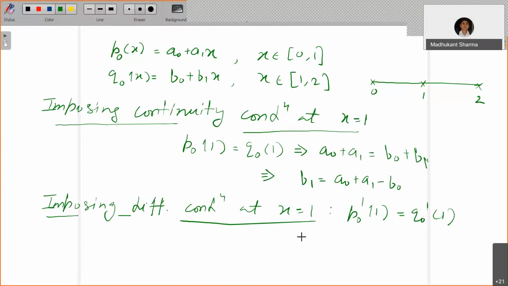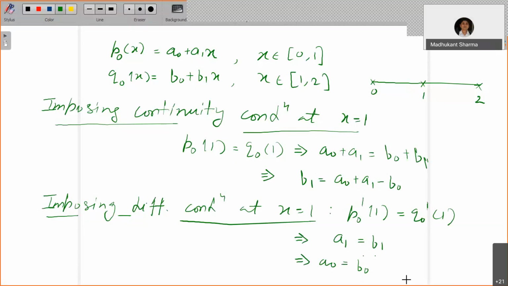So now if you perform the derivative of the above linear polynomials, that will give you a1 equals b1. So with this condition, a1 equals b1, these are two conditions now. So from this, continuity and differentiability both are there. So a1 equals b1, that implies a0 equals b0.